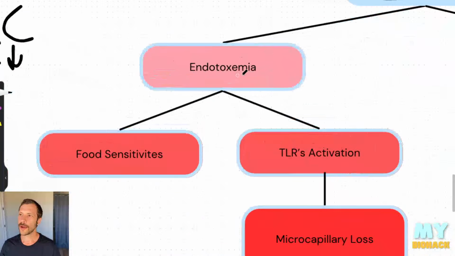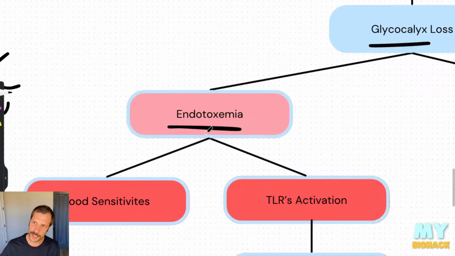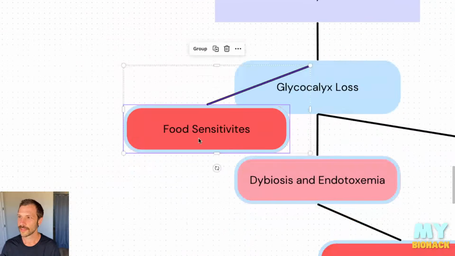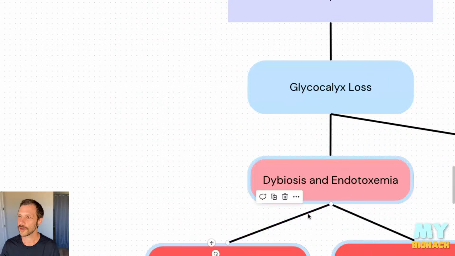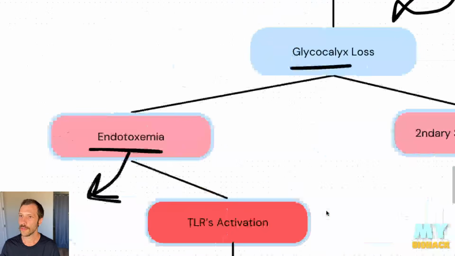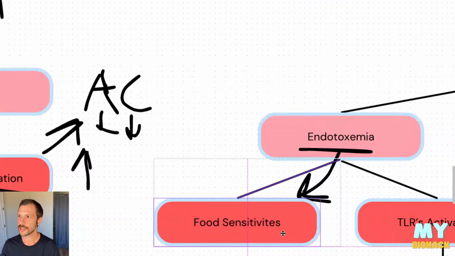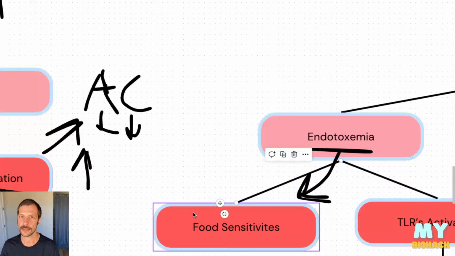All right, so what we're talking about, glycocalyx loss, that causes endotoxemia. Endotoxemia makes you very sensitive to air pollutants like smoke and all that kind of stuff, right?